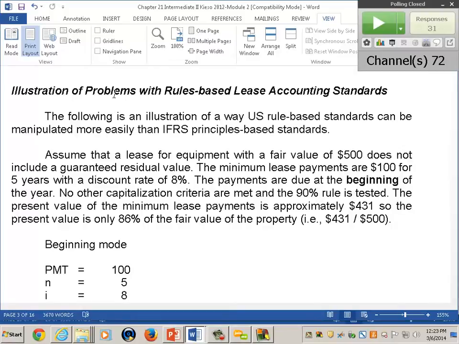And if we discount that back at 8%, the PV is 431. So if we take the present value of the minimum lease payments of 431 over the fair value of the asset, it's 86%, less than 90. It's an operating lease.